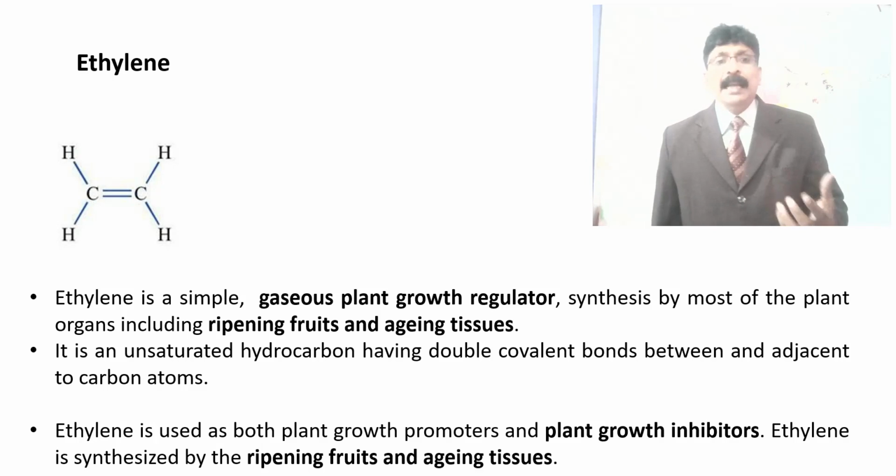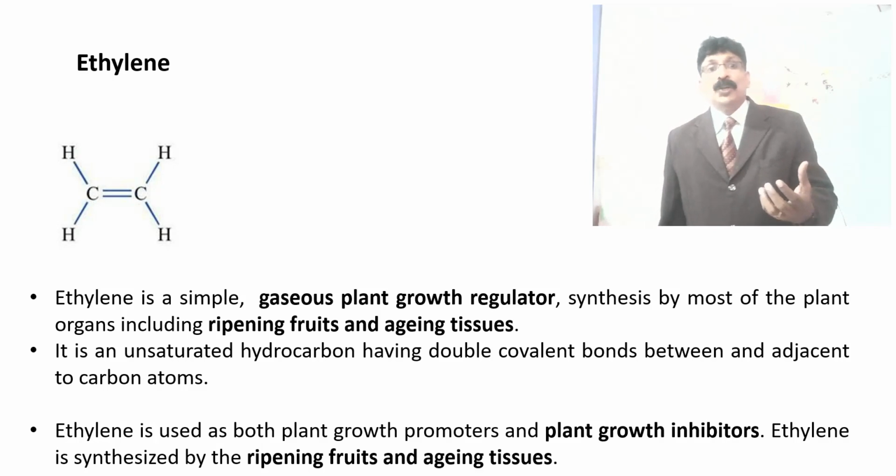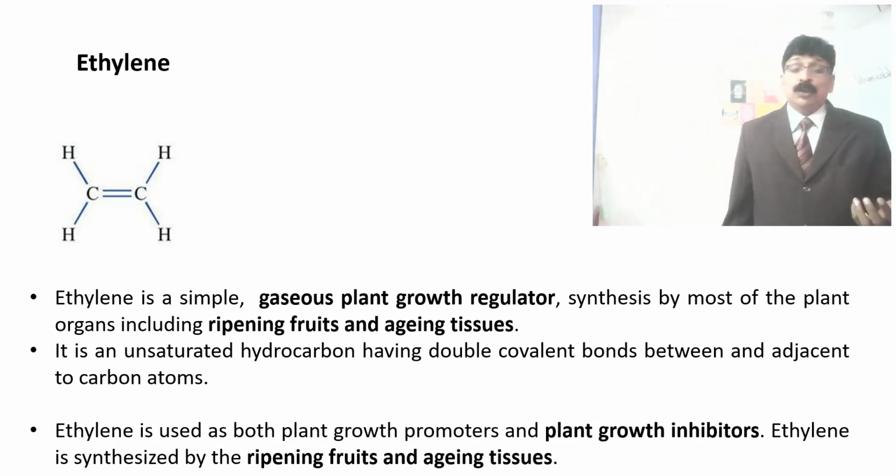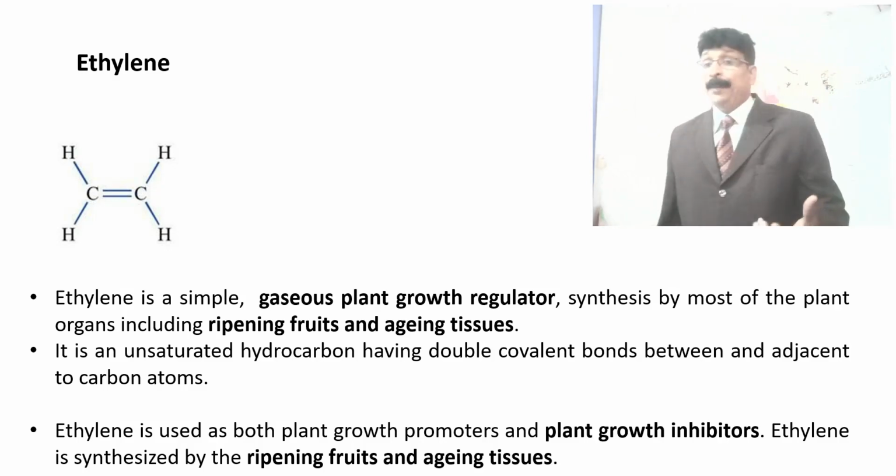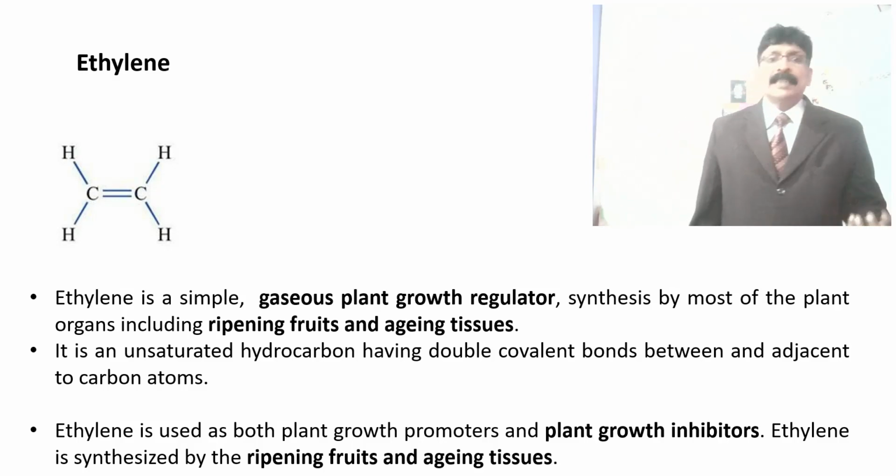Ethylene is used as both plant growth promoter and plant growth inhibitor. Ethylene is synthesized by ripening fruits and aging tissues.